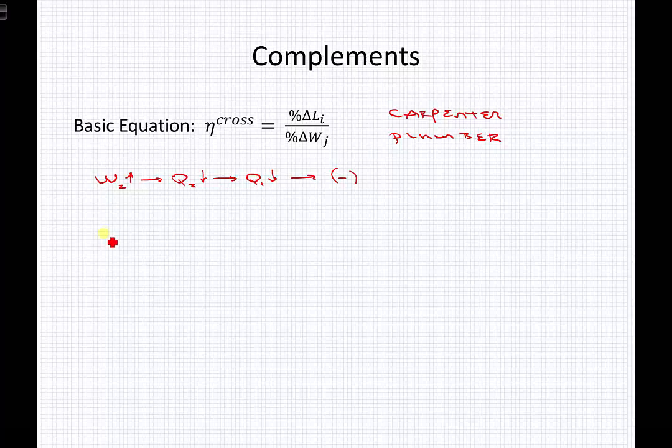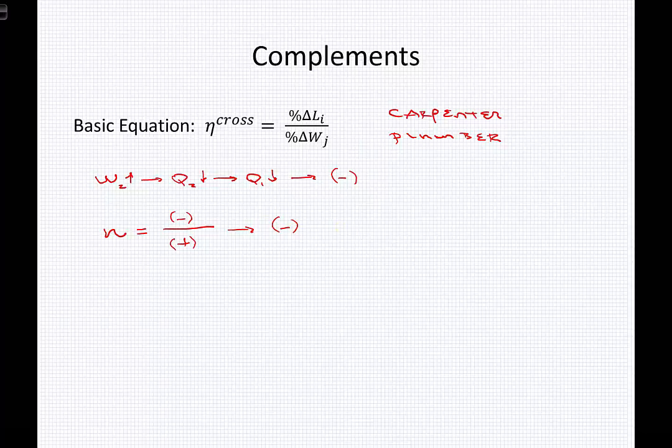So in this relationship, we'll have our cross-wage elasticity again. But here in the denominator, we saw a positive value, so an increase in the wage, but in the numerator, a decrease in the labor units required of the other type of worker, again, plumbers and carpenters, such that we ended up with a negative value.